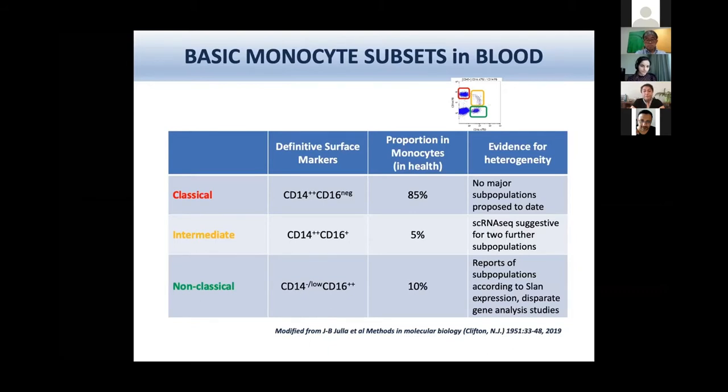So there are different ideas about this. But there are some papers reporting subpopulations according to SLAN expression on these cells. What we see in flow cytometry is the classical CD14 ones here, the intermediate ones here, and these are the non-classical monocytes.